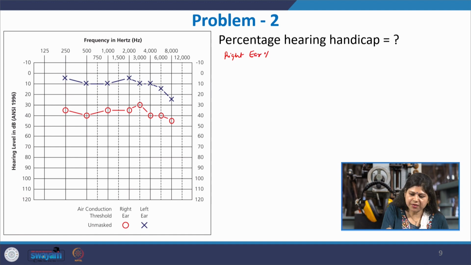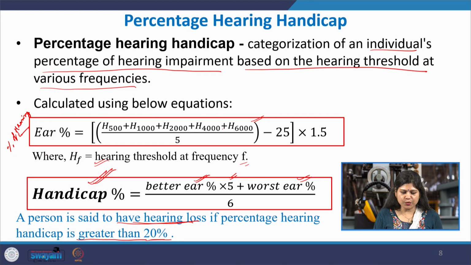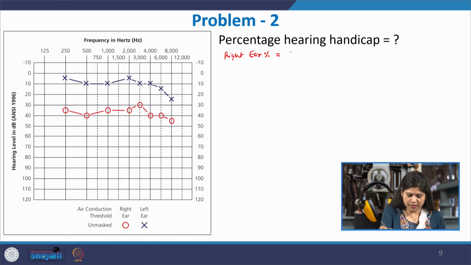Let us find out the percentage of hearing in the right ear. So, you take the average of the thresholds at 500, 1,000, 2,000, 4,000 and 6,000. At 500 we have 40 dB, then at 1000 we have got 35 dB, then at 2000 again we have 35 dB, at 4000 we have 40, and at 6000 again we have 40.